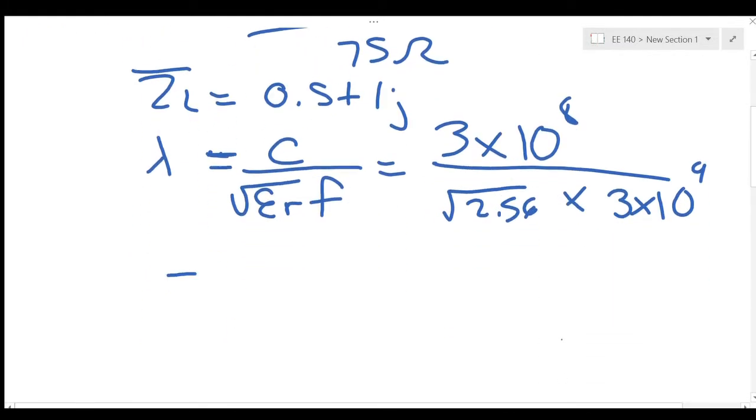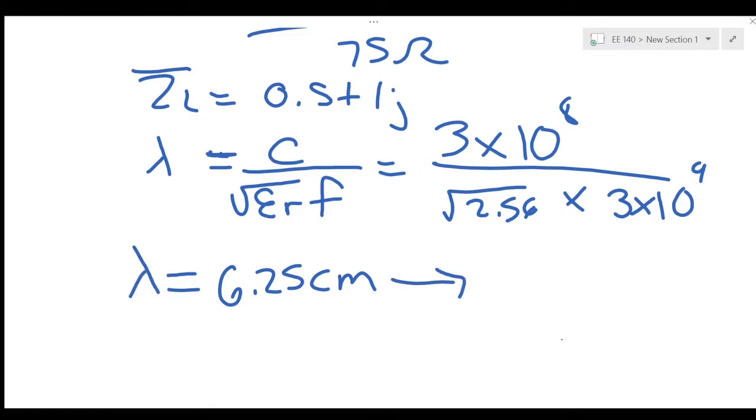This value would just equal 6.25 centimeters. So that's lambda, 6.25 centimeters.